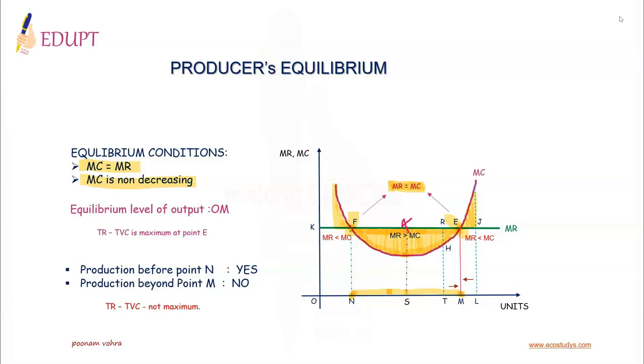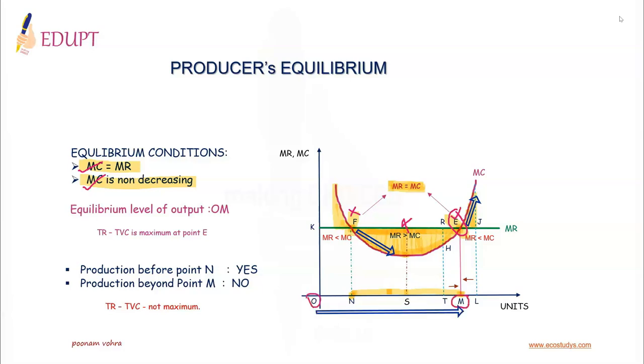Now let us have a look at point F. Beyond point F, marginal cost is declining, whereas beyond point E, marginal cost is increasing, or we say non-decreasing. So it is not point F but point E that is the point of equilibrium, because at this point both the conditions get satisfied.